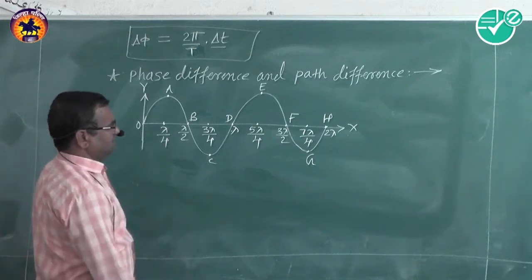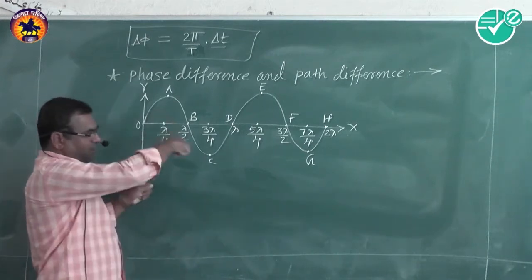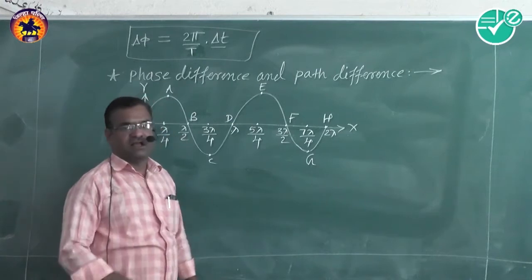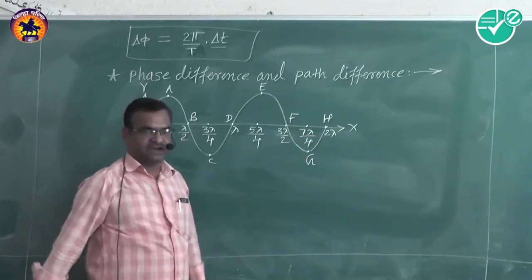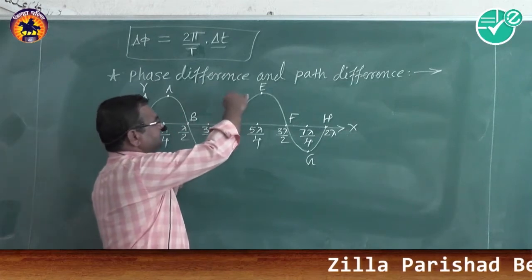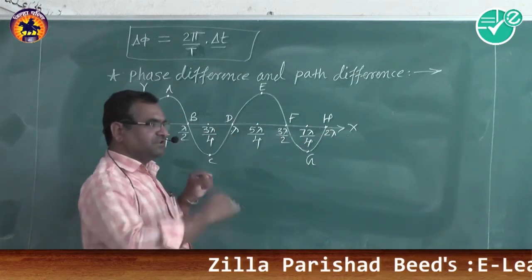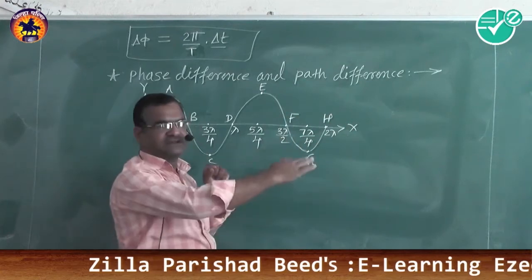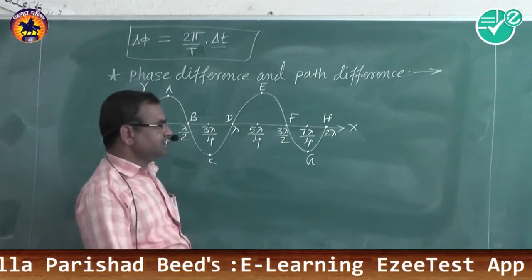Suppose the wave is propagating along the string. This is a progressive simple harmonic wave which is propagating continuously along the string.